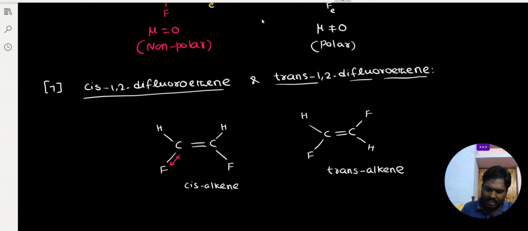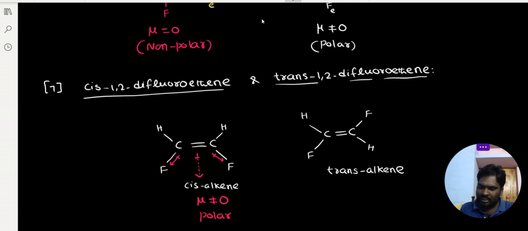Now coming to the cis alkene. The bond polarities point towards fluorine, so there is a resulting dipole moment. That's why mu is not equal to 0, which means polar. This is a polar molecule.